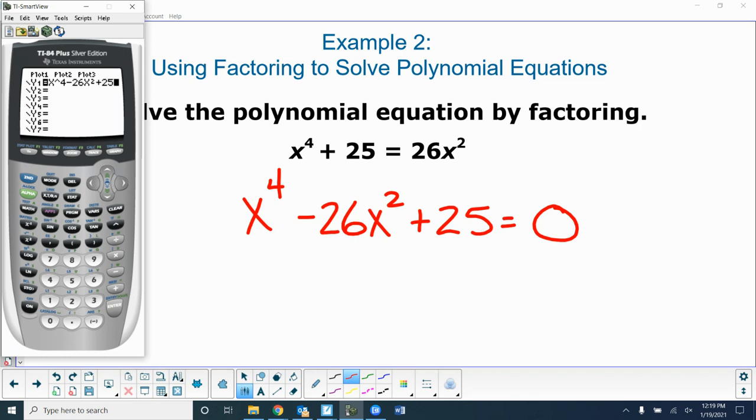Plus 25. Hit enter, and then hit graph. Down, up, down, up. All right? How many times does it cross the x-axis? 4. How many do we expect to find? 4.